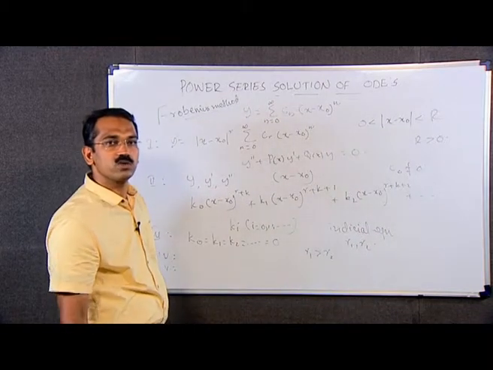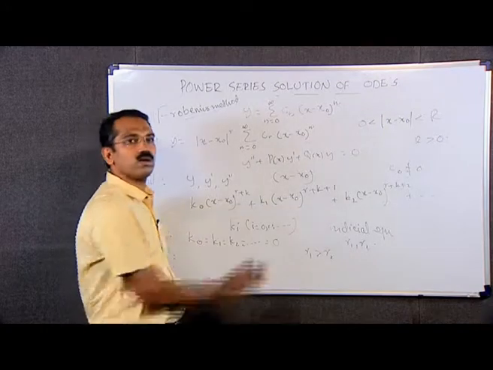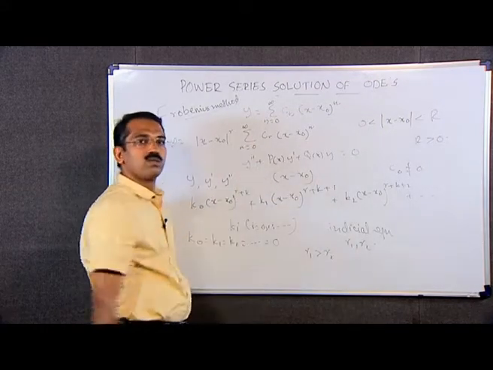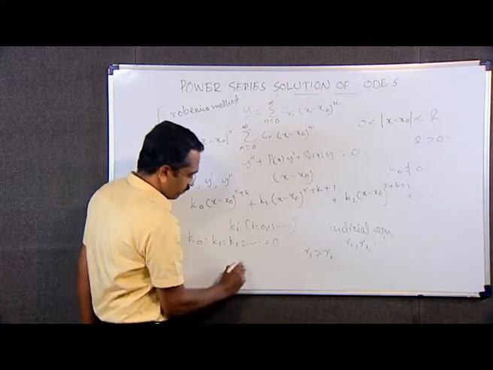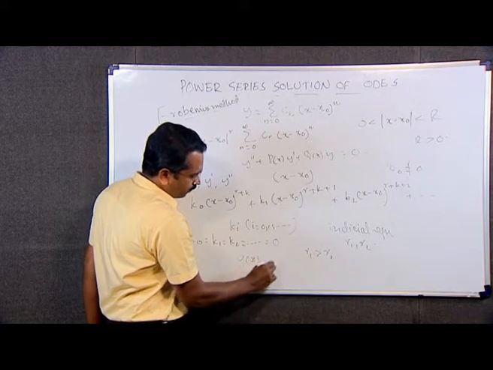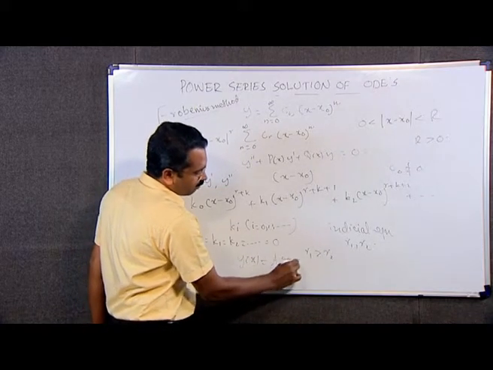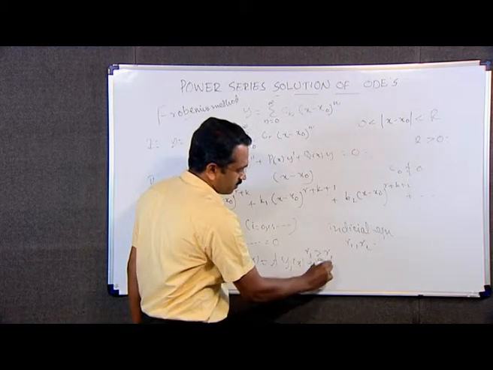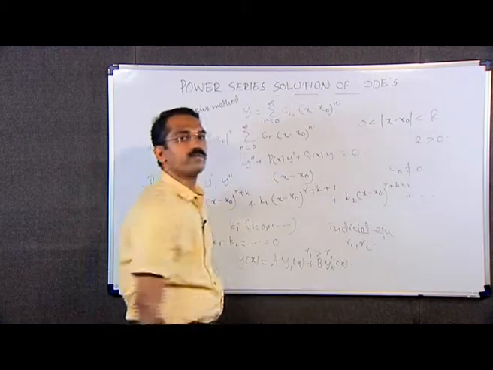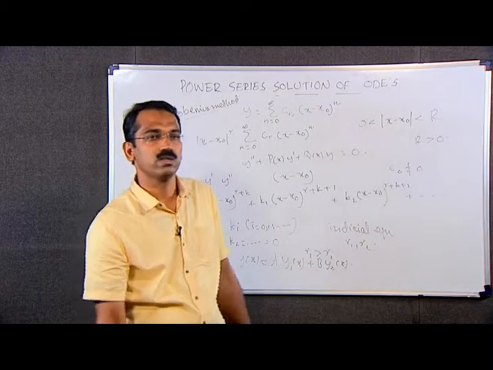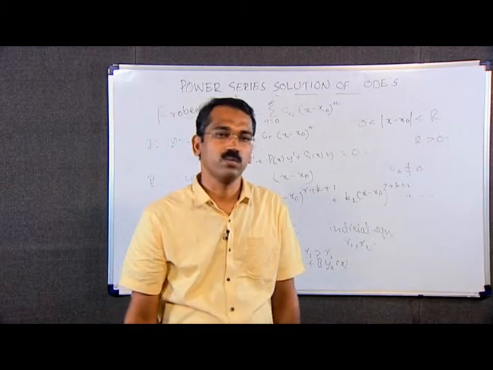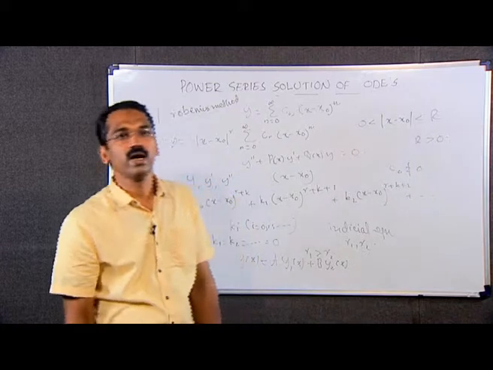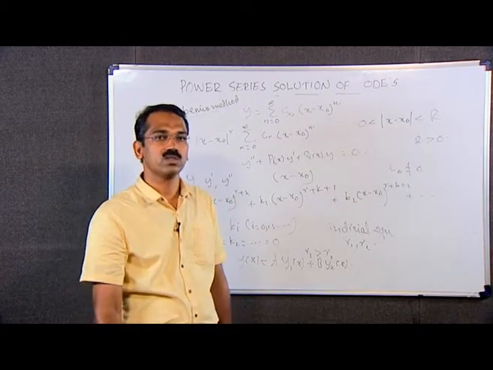Then the general solution is y of x is equal to a into y1 of x plus b into y2 of x, where a and b are the arbitrary constants.